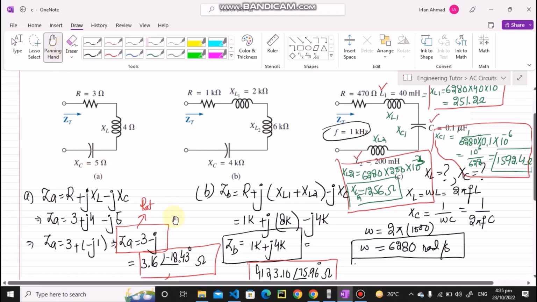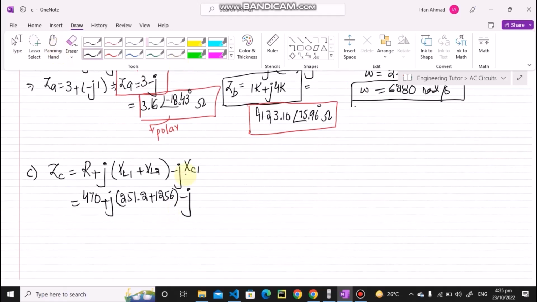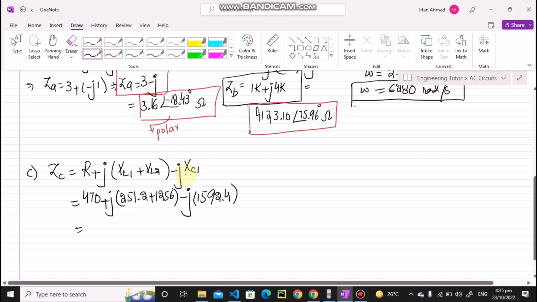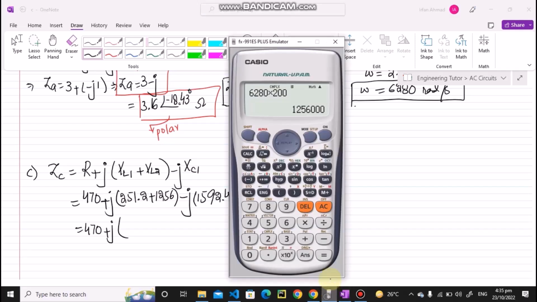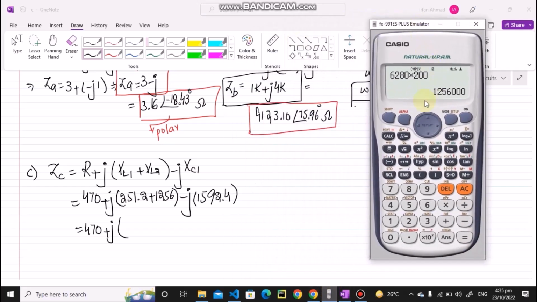So now writing values here, 470 plus j, simplifying it, 251.2 plus 1256, how much would it be?